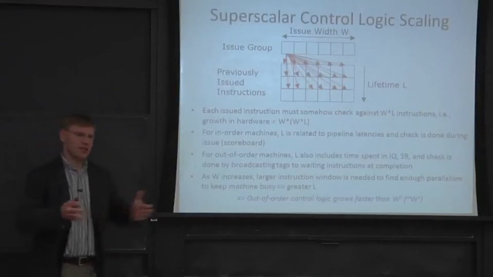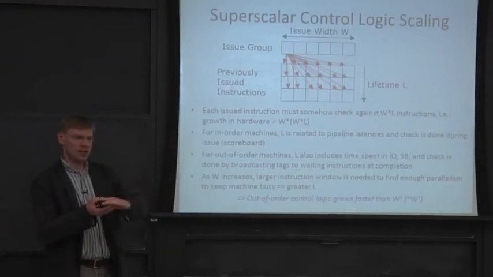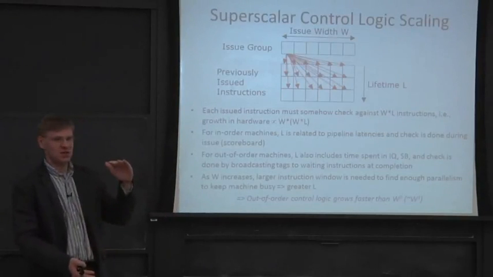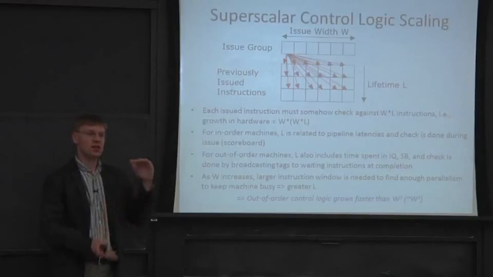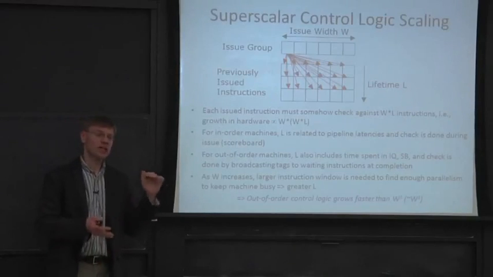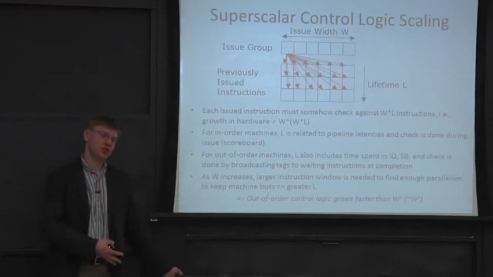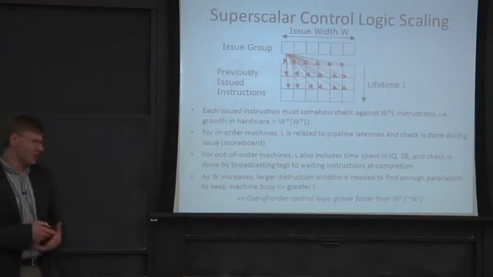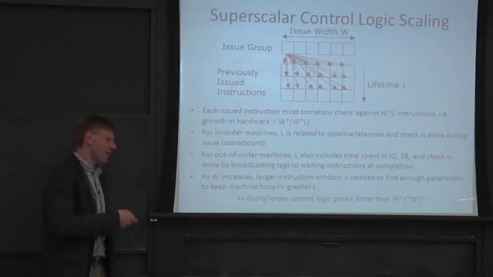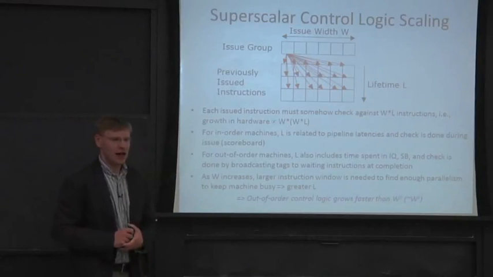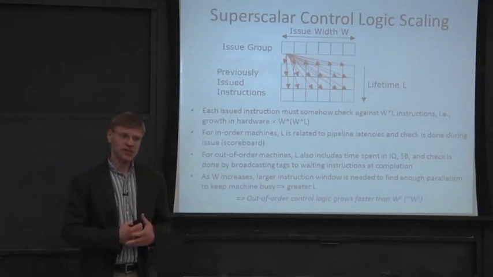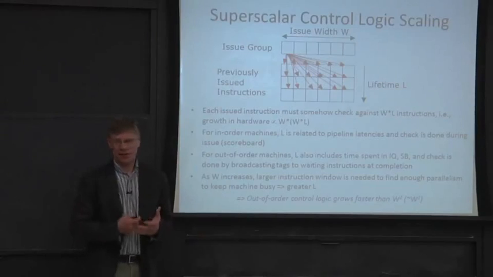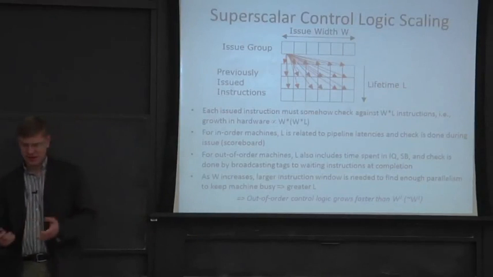So as you go wider, you also typically have to make your instruction queue deeper, to find enough parallelism to feed your functional units. That's not good. So this causes these blow-up factors. You can build these things, but they're hard. So are there alternatives?